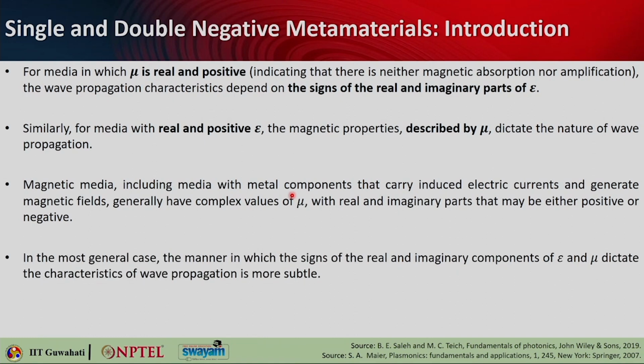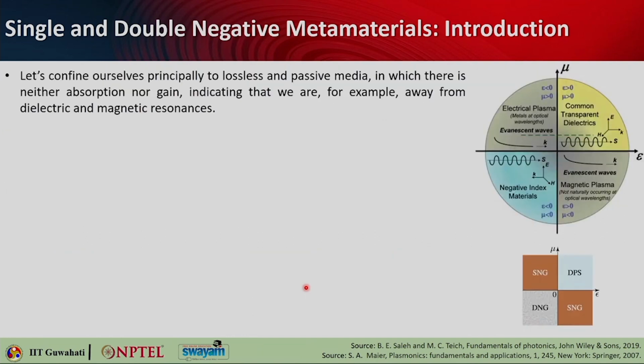So in the most general case, the manner in which the signs of the real and imaginary components of permittivity epsilon and permeability mu come up, okay, will dictate the characteristics of wave propagation, but usually the contribution is not that prominent, it's subtle. Okay, we'll look into some of these examples in this particular slide.